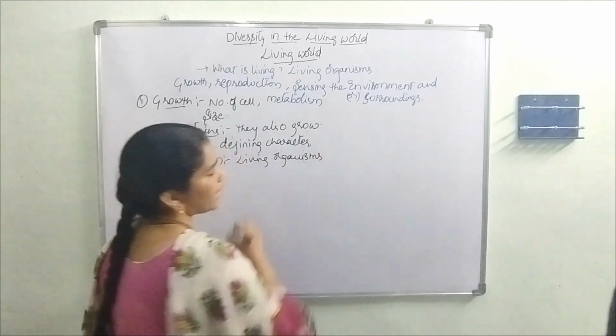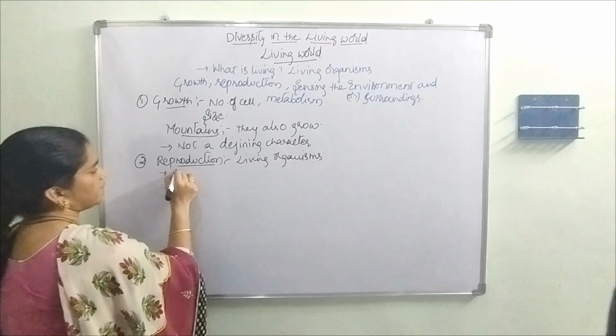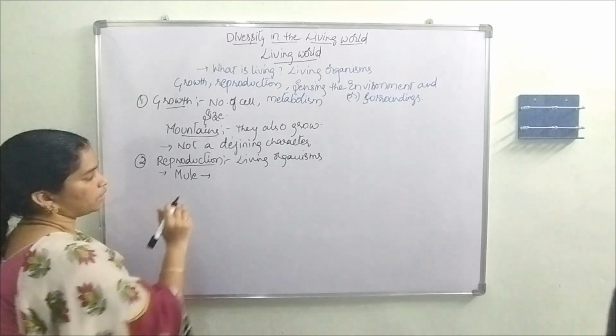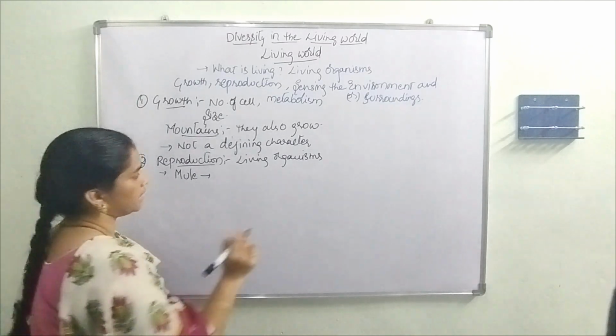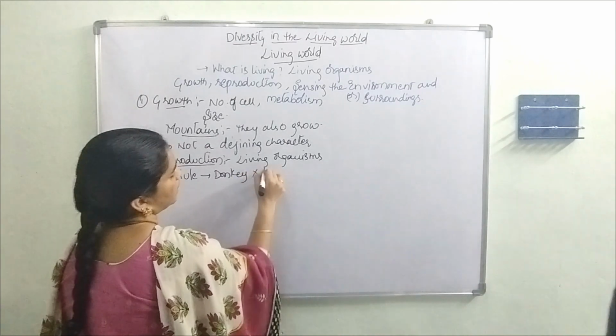Do all living organisms reproduce? Let's see an example, mule, which is a hybrid we got by the crossing of donkey with a horse.